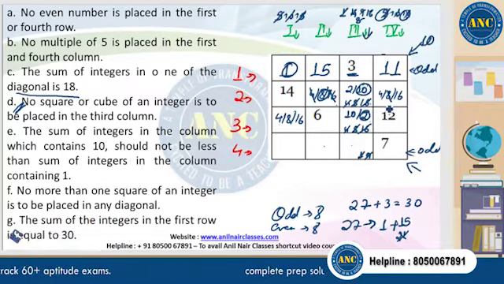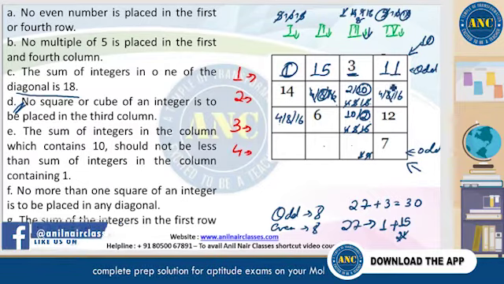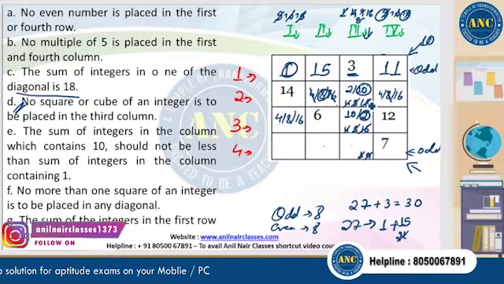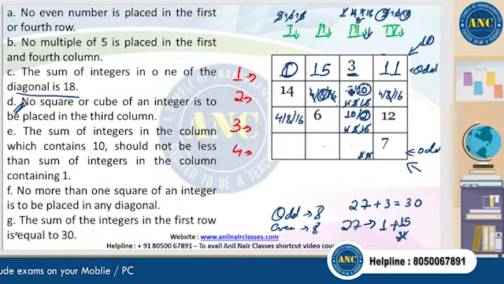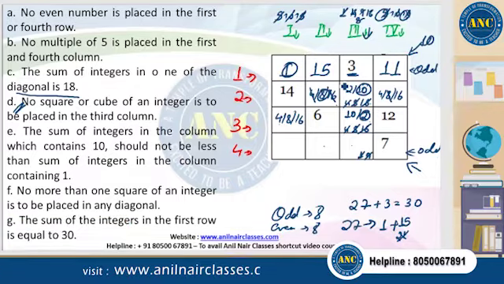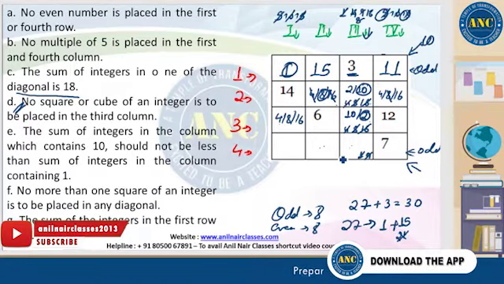We need an odd number, and we have already placed 15, so we need to place 5 somewhere. The 5 will definitely come in one of the two places, either here or here.